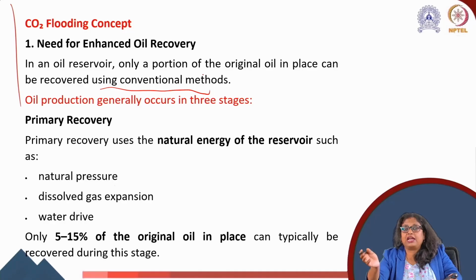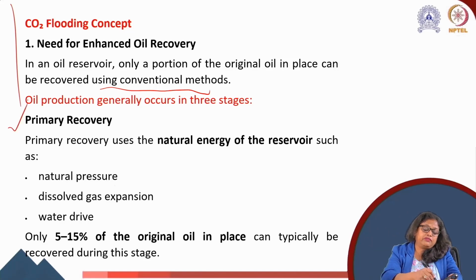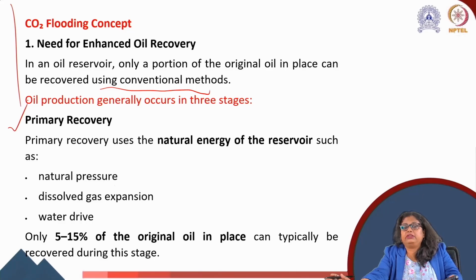So let's understand the different oil production stages. Oil production generally occurs in three stages. The first one is the primary recovery. This primary recovery uses the natural energy of the reservoir, that is natural pressure, dissolved gas expansion or water drive.